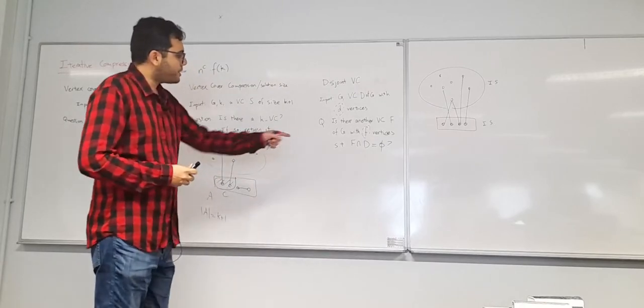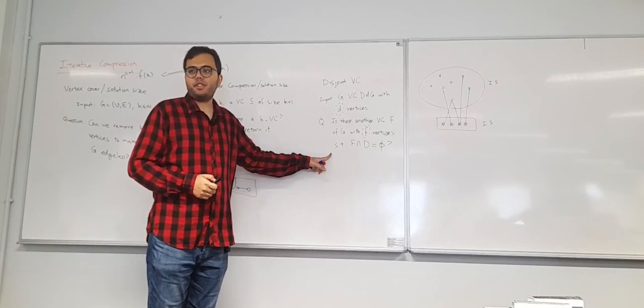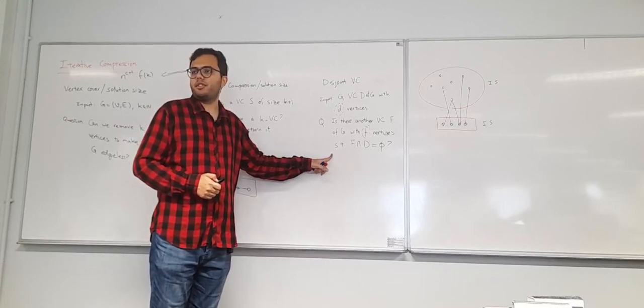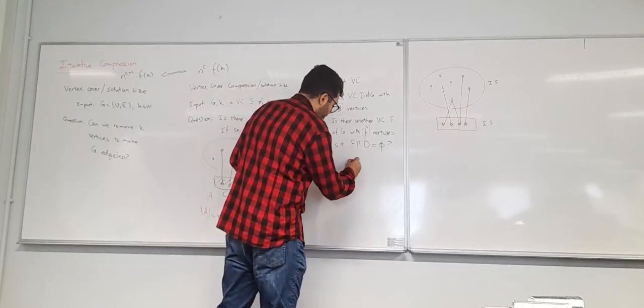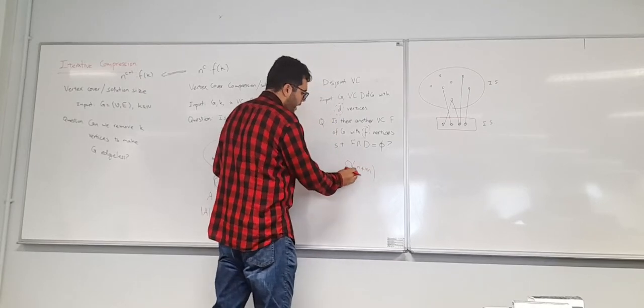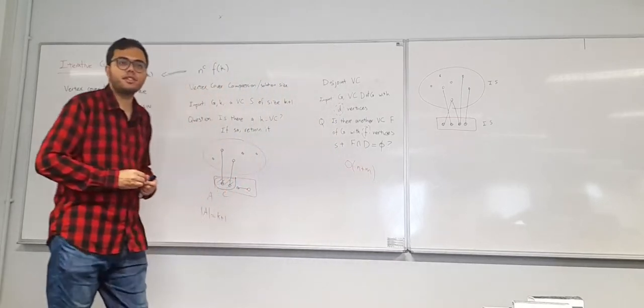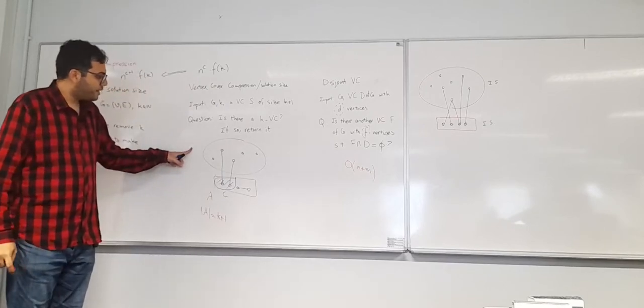So how much time does it take for me to solve this one? It's basically the number of vertices plus the number of edges, right? So I'm solving this one in, let's call it n plus m, assuming that I have n vertices and m edges. So now how much time do I need for this one?